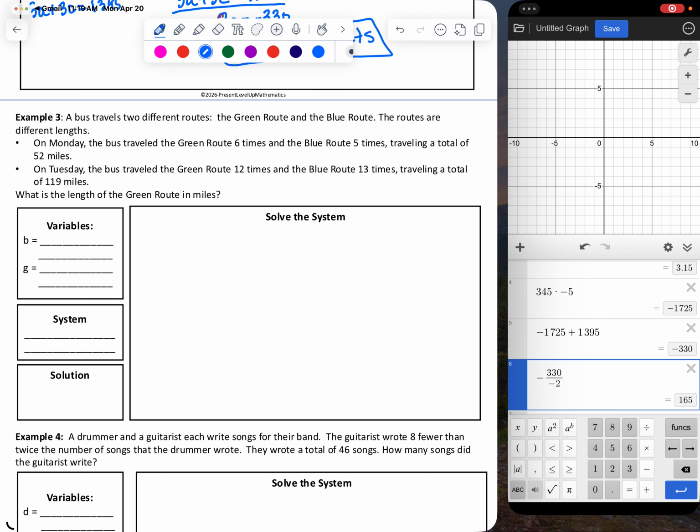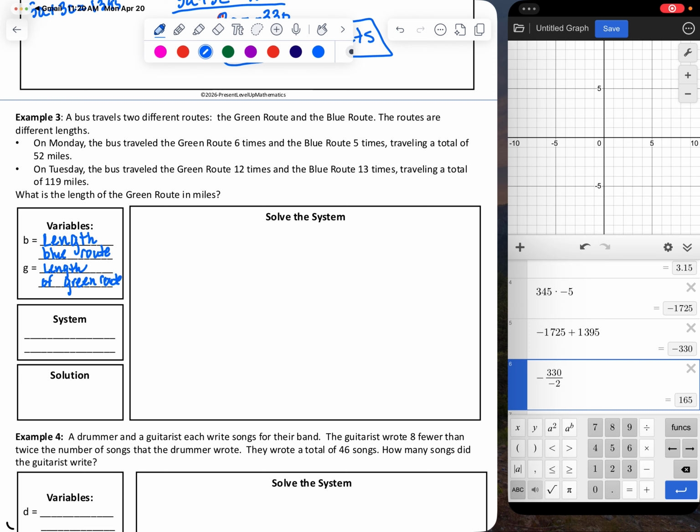So the B in this case is the length of the blue route, and the G is the length of the green route. Now we're going to write a system. So let's look at our first bullet point.